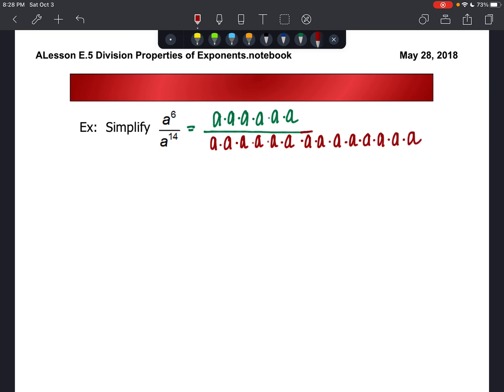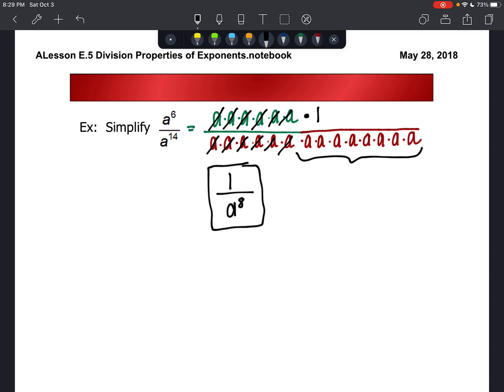That is a lot of a's. Now I'm going to cancel all the 6 that are in the numerator, leaving me a 1. And then how many do we have left over? Well, if I had 14 and 6 of them are gone, 14 minus 6 is 8. So 1 over a to the 8th power.